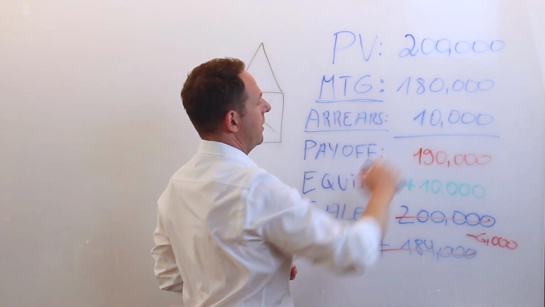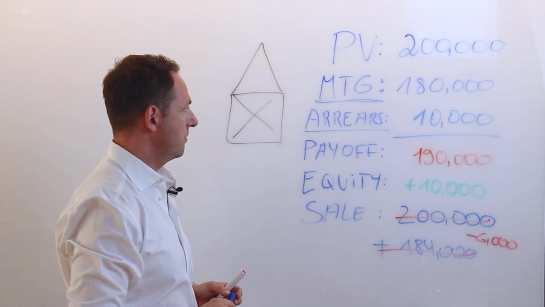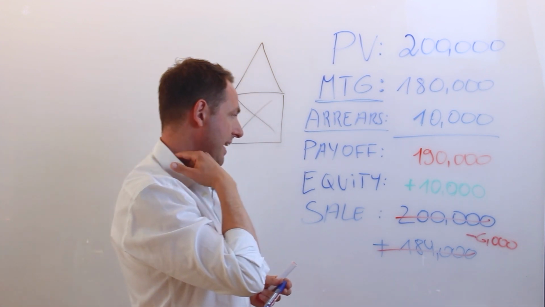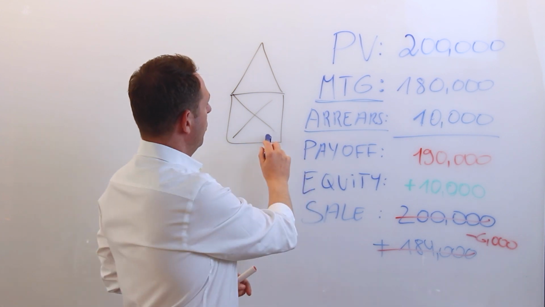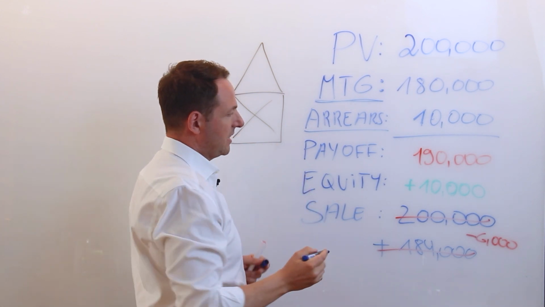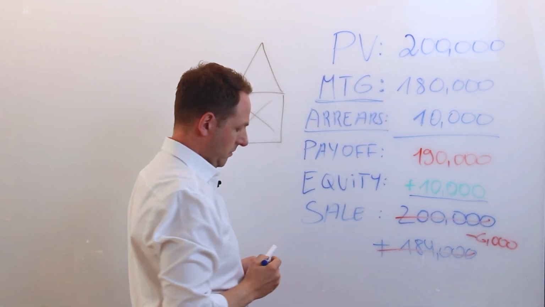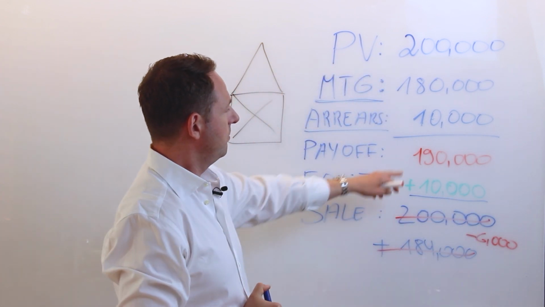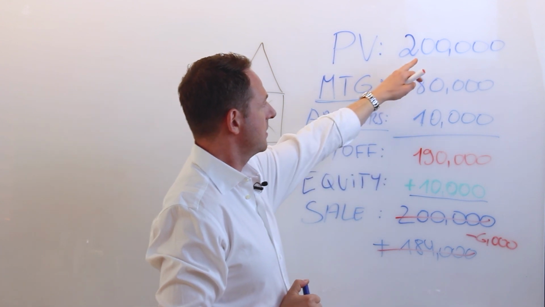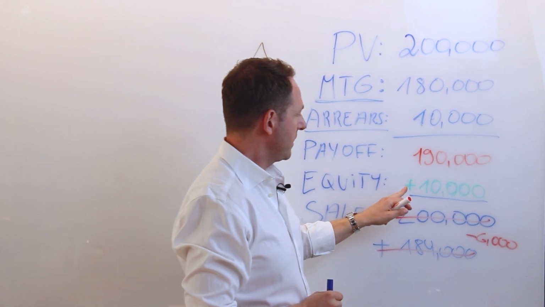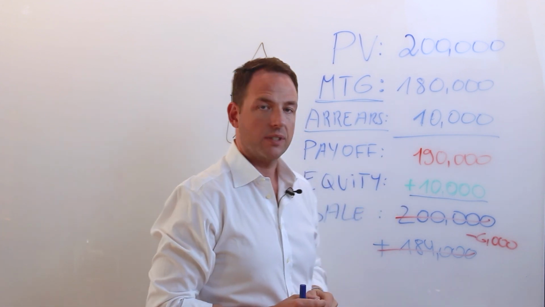We take over the $180,000 mortgage. And now what happens is, at closing, this homeowner gets paid $10,000. So whatever they owe minus whatever their property is worth is what they will actually get at closing.